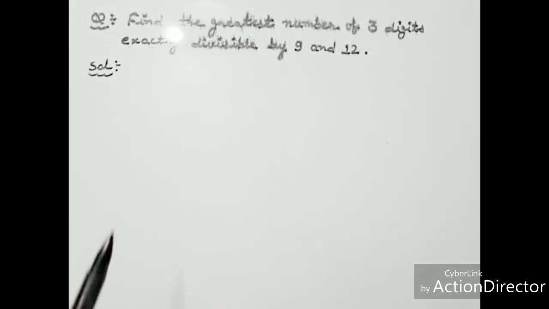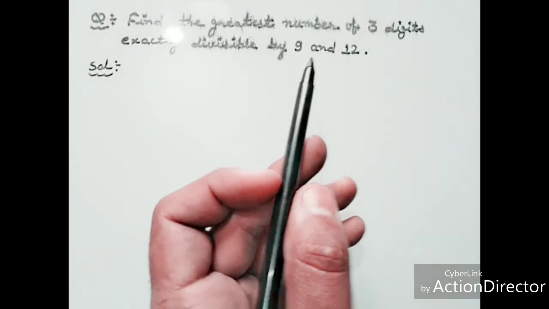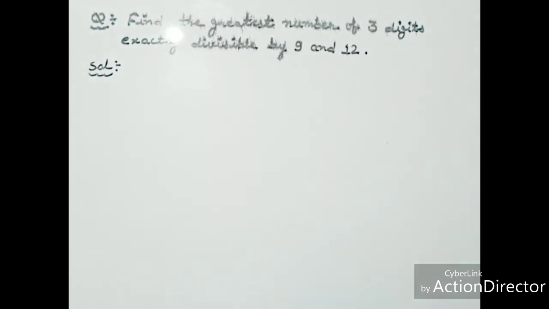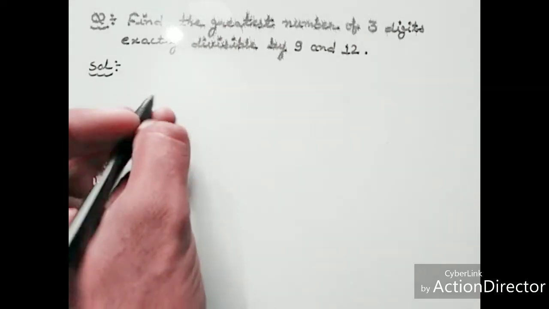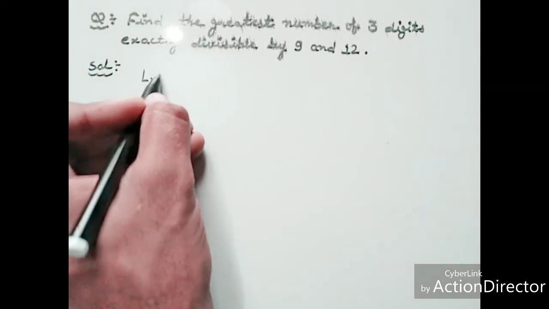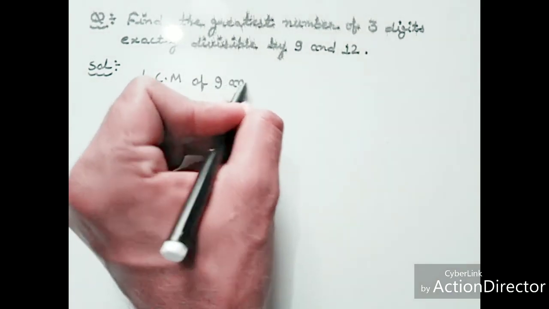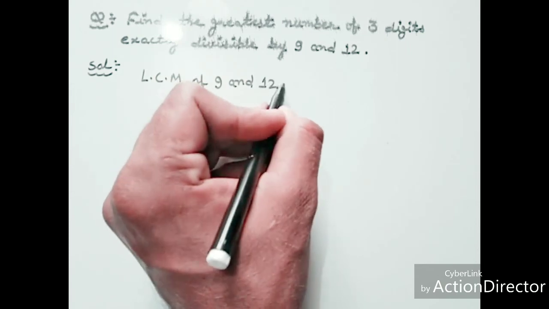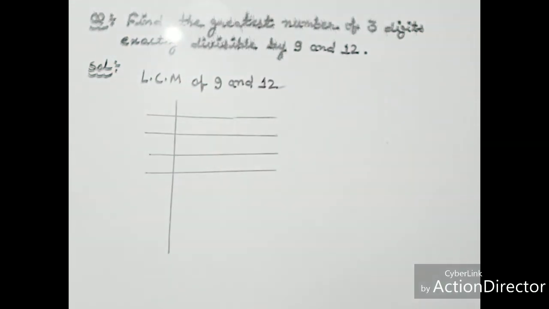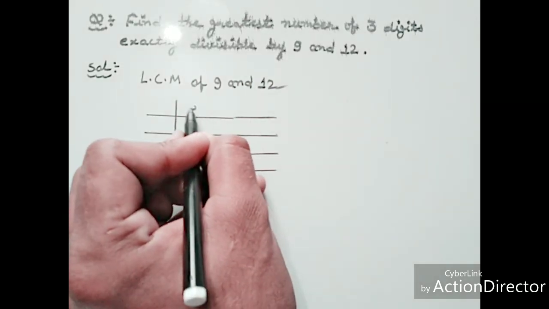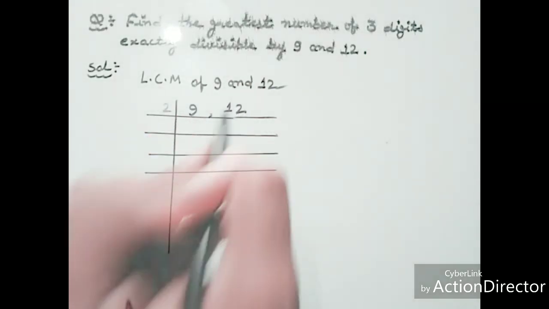In this example, find the greatest number of 3 digits exactly divisible by 9 and 12. So here first we find the LCM of 9 and 12.